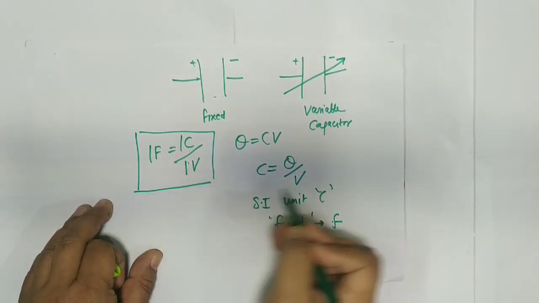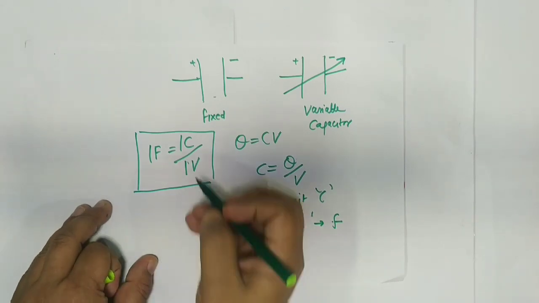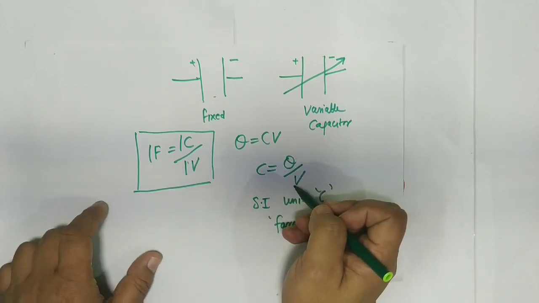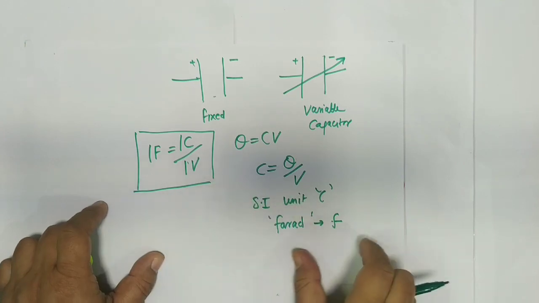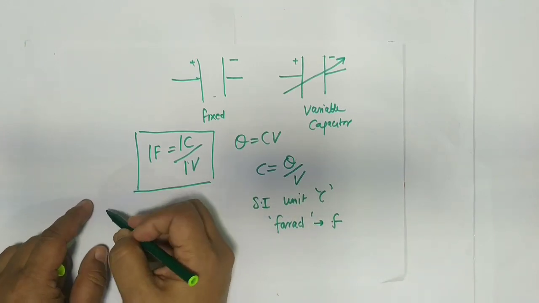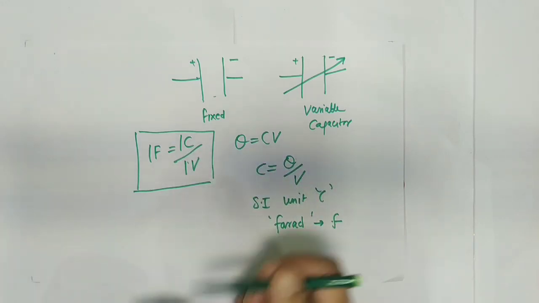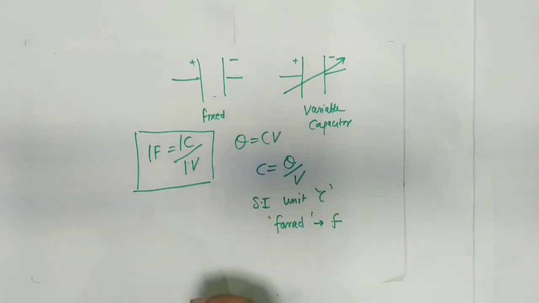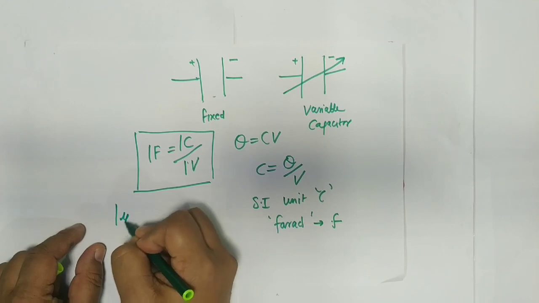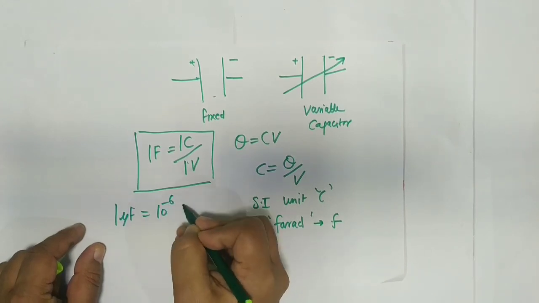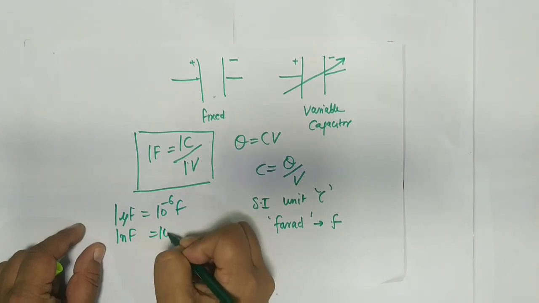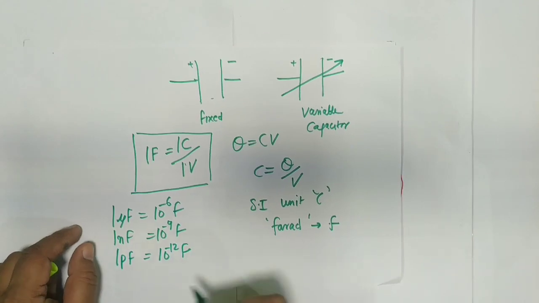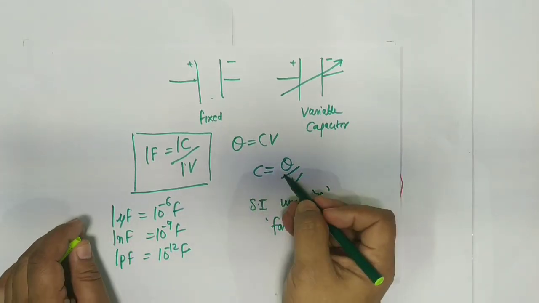Capacitance of a capacitor can be defined as the charge required to be supplied to either of the conductors to increase the potential difference by one volt. Generally we use 1 microfarad, 10 to the power minus 6 farad, 1 nanofarad, 10 to the power minus 9 farad, and 1 picofarad, 10 to the power minus 12 farad. And this is the capacitance.